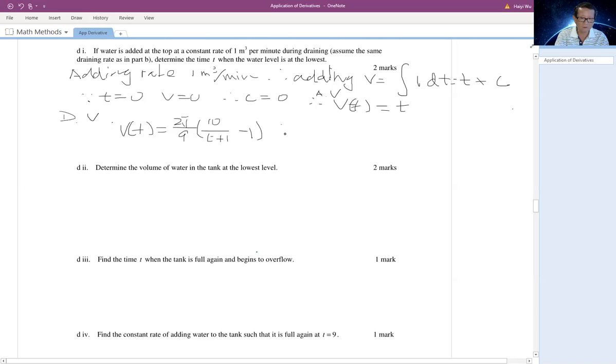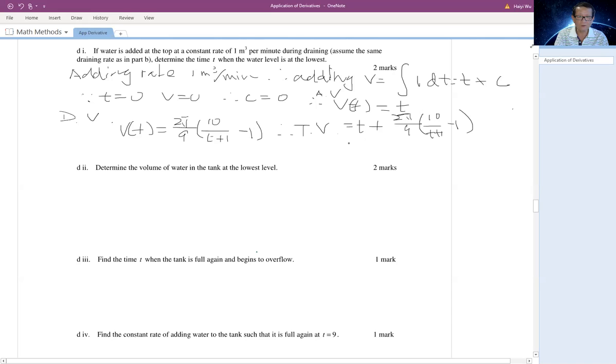So the total volume, when you're adding and draining at the same time, you put the two together. So it'll be t plus 2 pi over 9, 10 divided by t plus 1 minus 1.